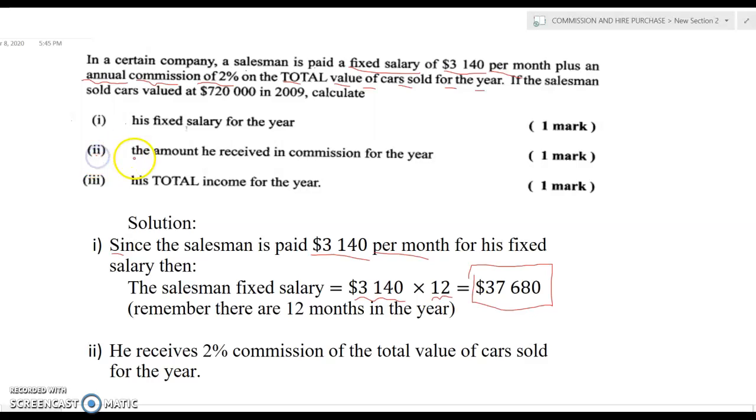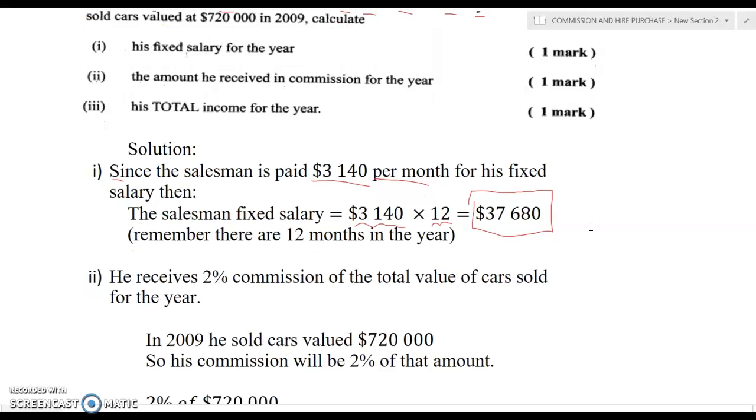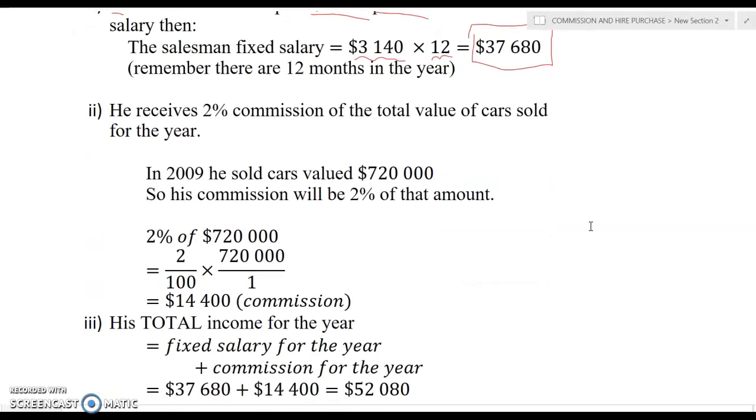Now part 2, we want to calculate the amount he received in commission for the year. Now remember, he receives 2% annual commission. What does annual mean? Annual is year, right? So every year it's 2% commission on the total value of cars he sold. What I wrote here was he receives 2% commission on the total value of cars sold for the year.